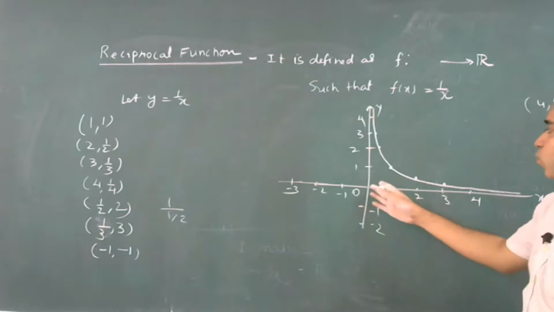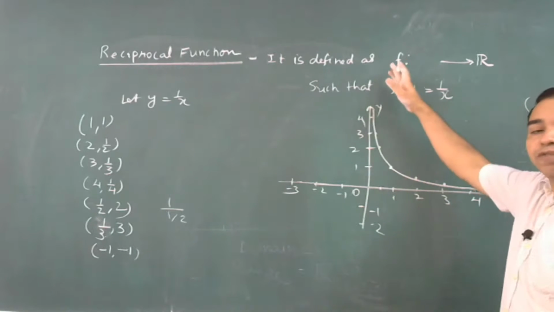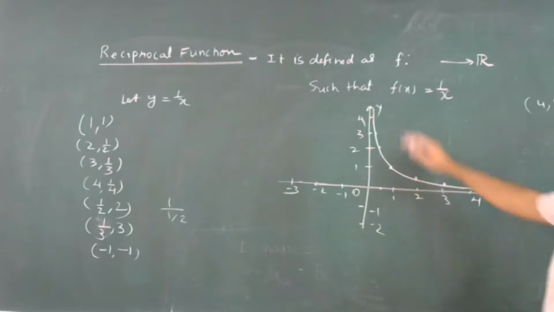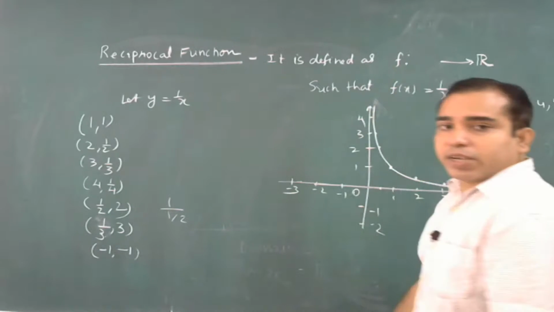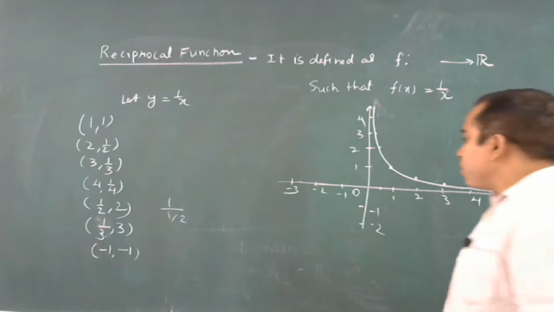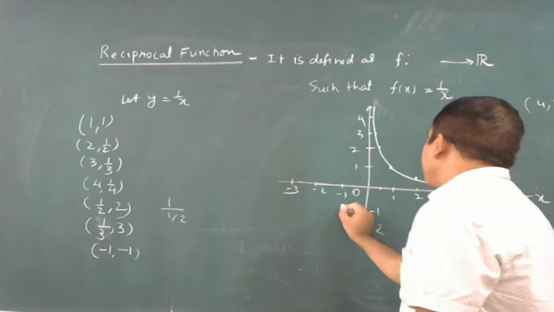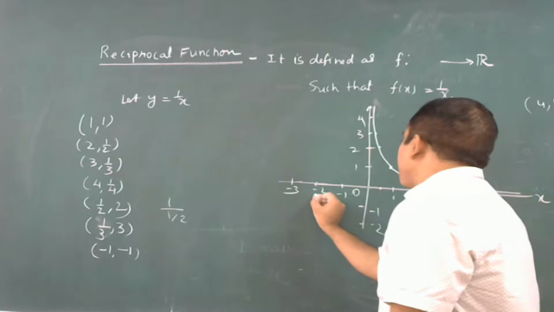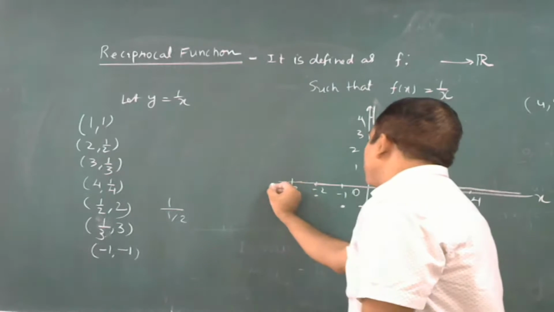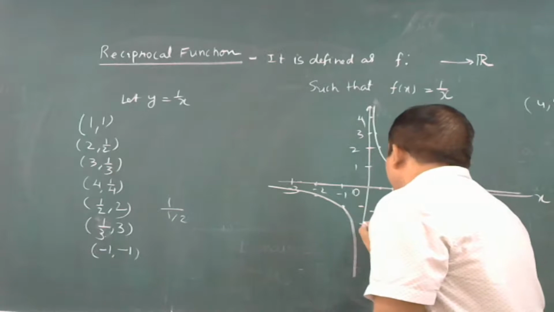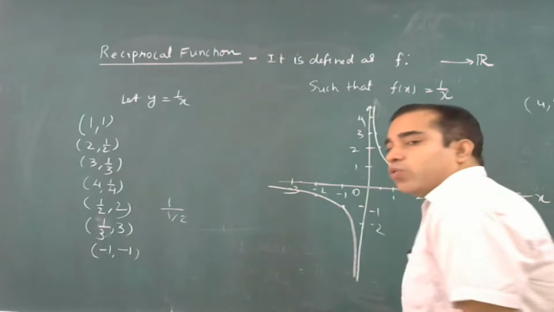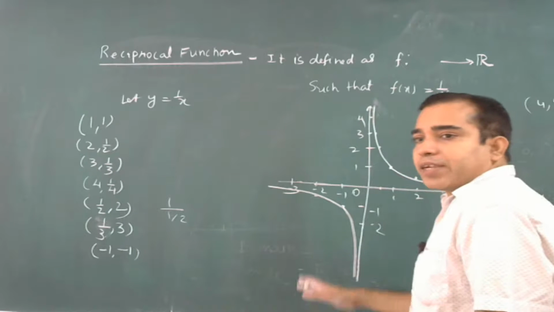As x is moving towards 0, it will move towards infinity, but it will never meet the y-axis. Negatives, let us plot the negatives. -1, -1, this. -2, -0.5, this. And here also it will come like this. My graph is ready.